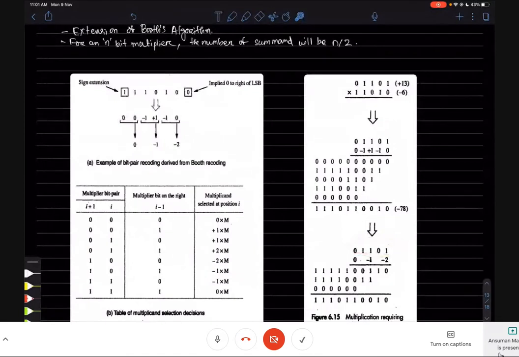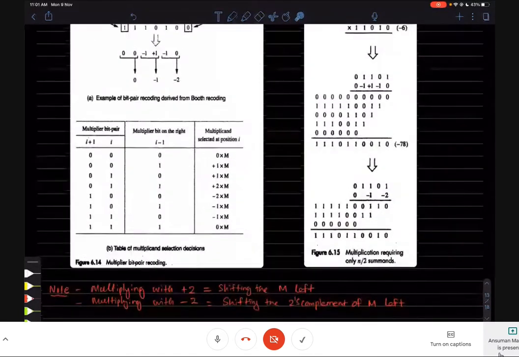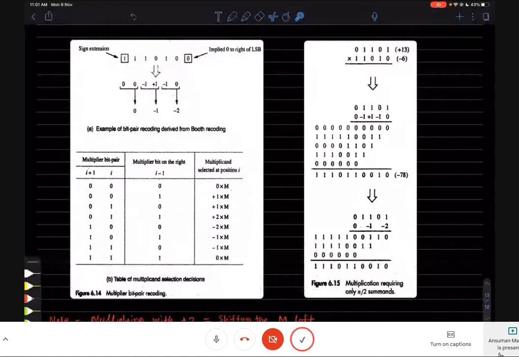Simple thing. What is the benefit of this? Previously we had to do 5 multiplications. Now we have to do only 3. So the number of multiplications will be less, and the number of summands will also be less. Summand means the partial product. So the number of partial products is also reduced.